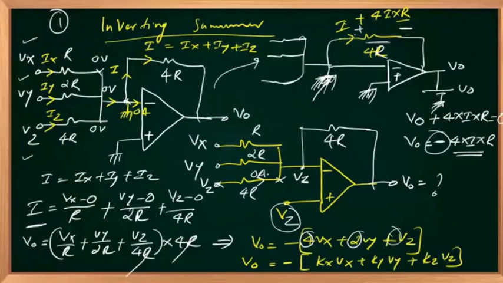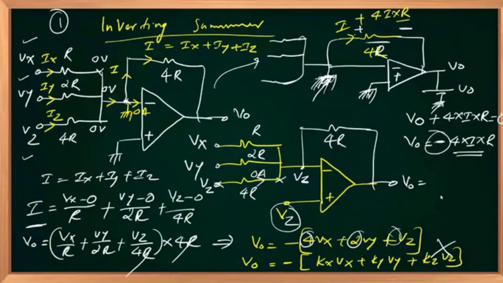Then you have two branches more, Vx and Vy, and ultimately you will have the same thing for Vx and Vy. So minus 4Vx plus 2Vy, and your Vz term won't be present. Is that right? So the current supplied by the third branch is equal to 0.